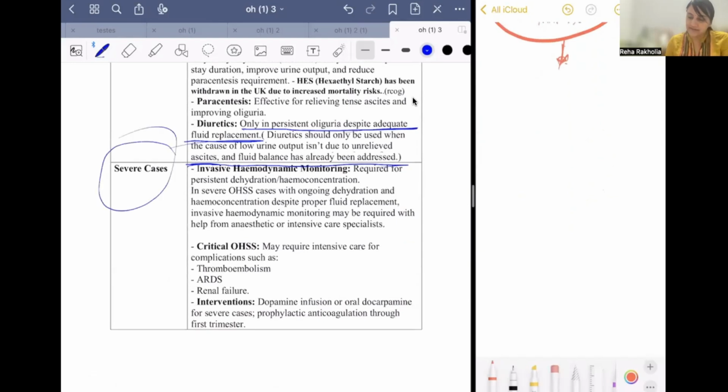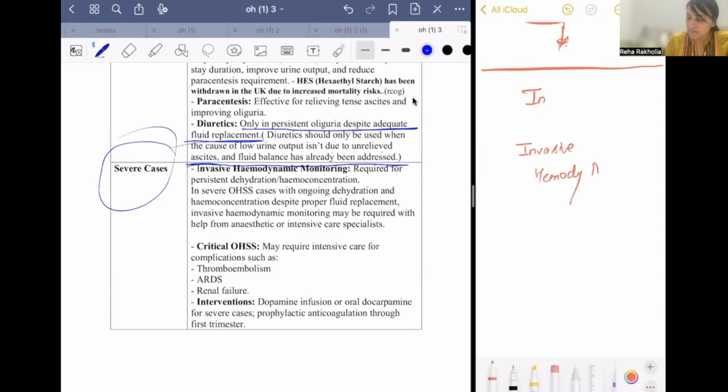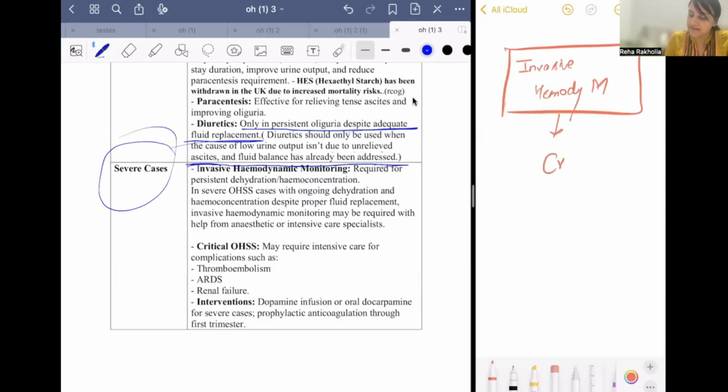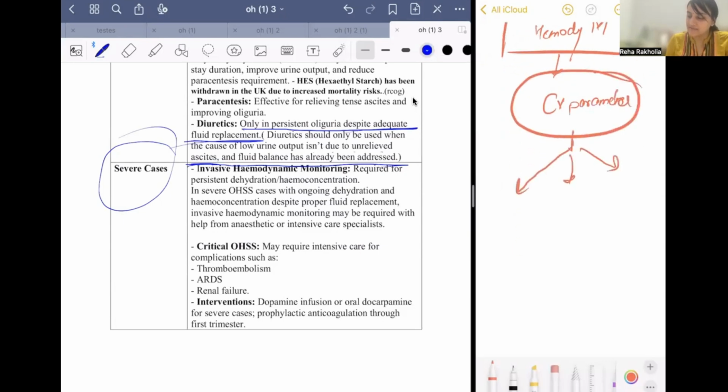Now, for severe cases, advanced invasive hemodynamic monitoring is often required, particularly when dehydration or hemoconcentration persist despite fluid replacement. Okay. Now, invasive hemodynamic monitoring refers to continuous measurement of cardiovascular parameters using specialized medical devices that are inserted into the body, like CVP monitoring.